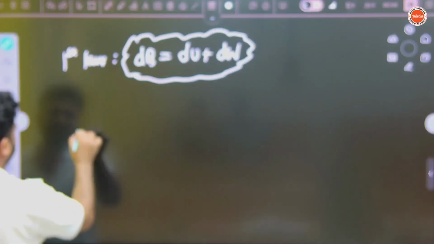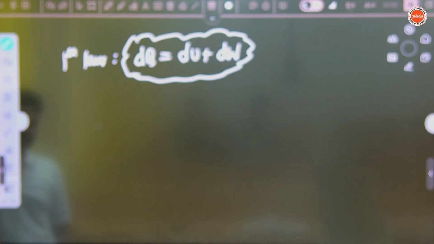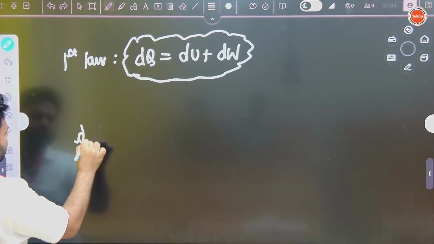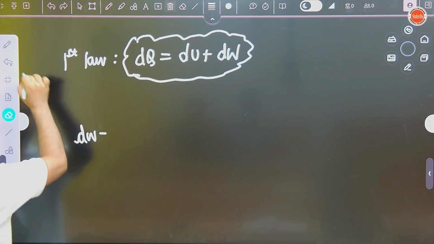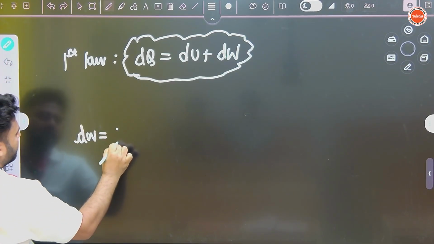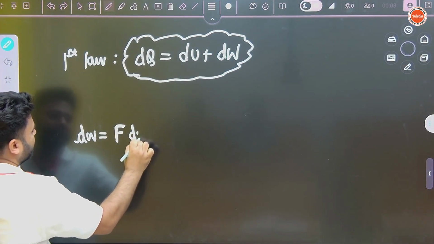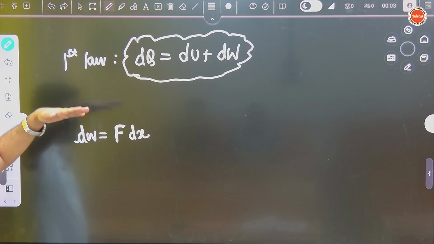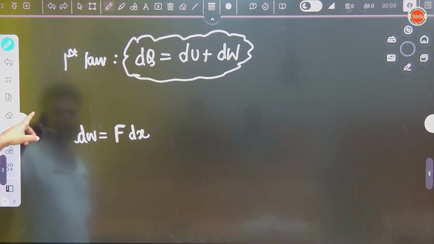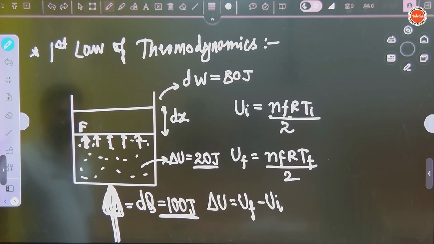Achha, work done. If someone asks what is work done, what was the work done by the gas? How much did the gas apply pressure? It means force multiplied by displacement: force on the plate, that lid cover, multiplied by displacement.